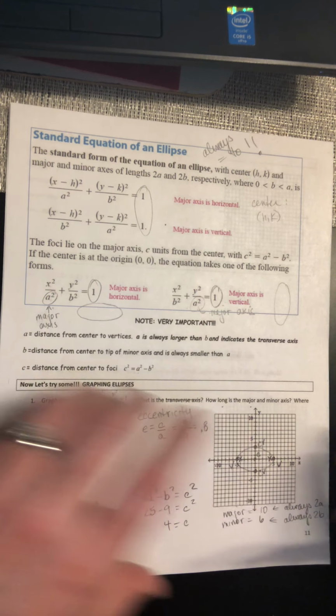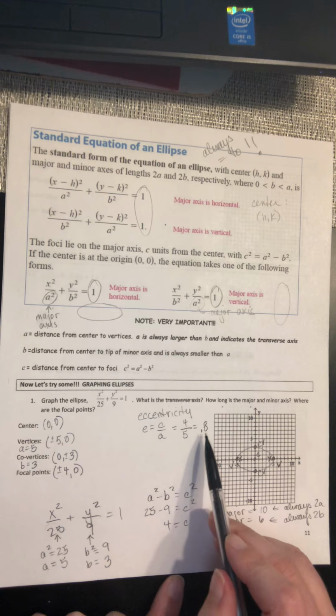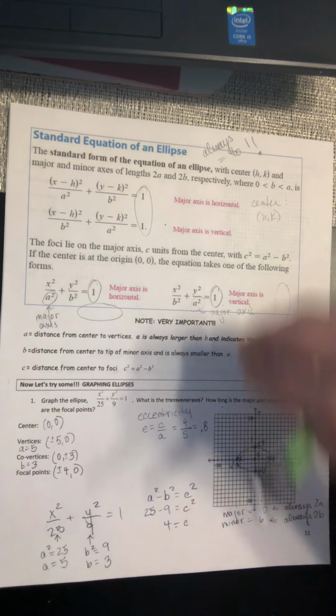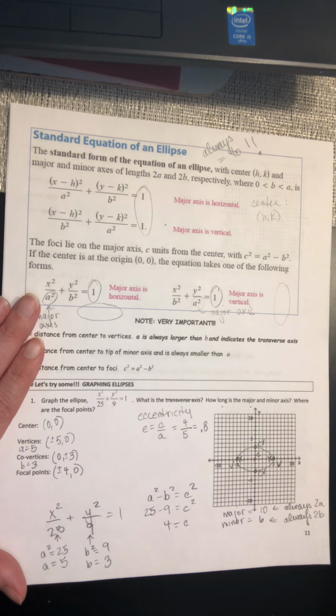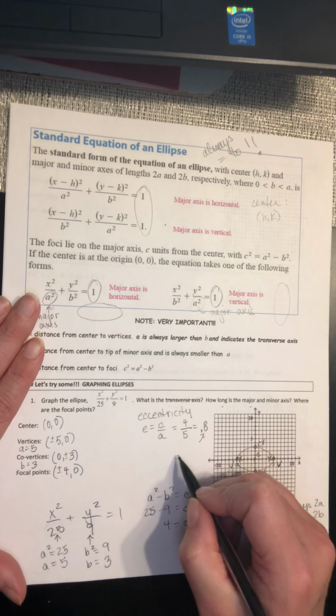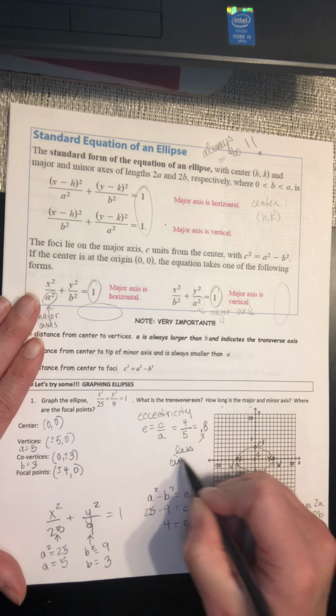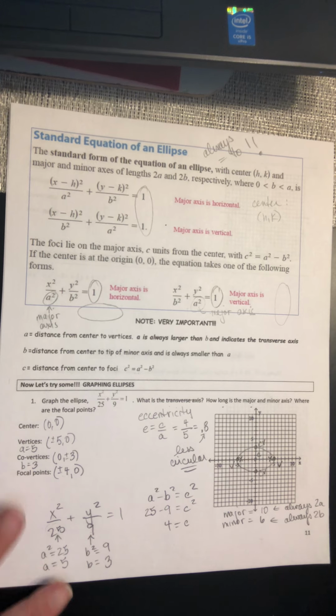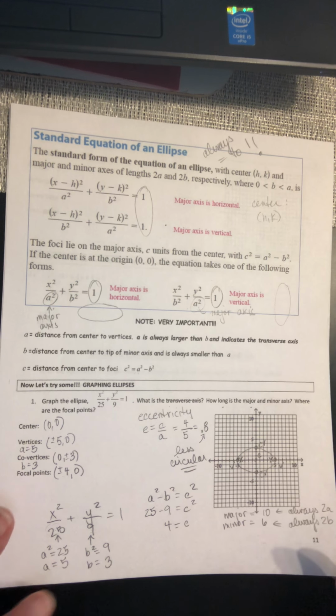It's definitely pulled either horizontally or vertically, and eccentricity doesn't tell you in what direction. But this is less circular, let's just say, because it's closer to 1. So that's my ellipse.